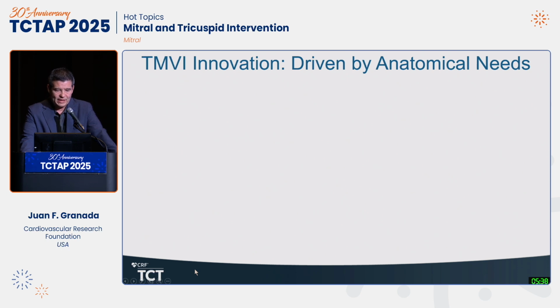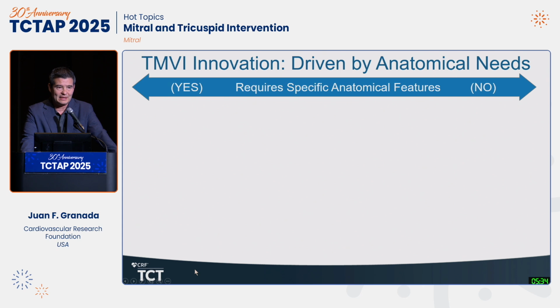One of the issues with transcatheter mitral valve innovation is that it's driven by anatomical needs, which is different than TAVR, where once the design is finished to anchor the device in the aortic valve, it's fair to say that with some variations, most of the valves work.